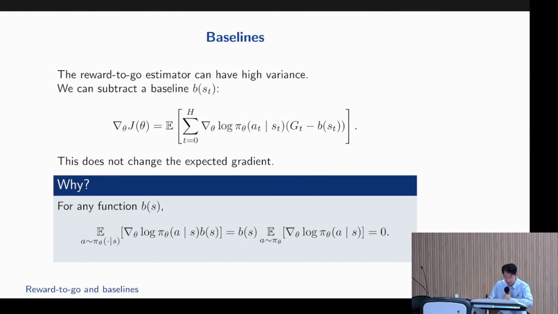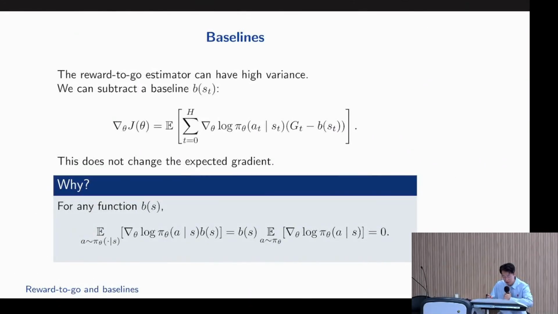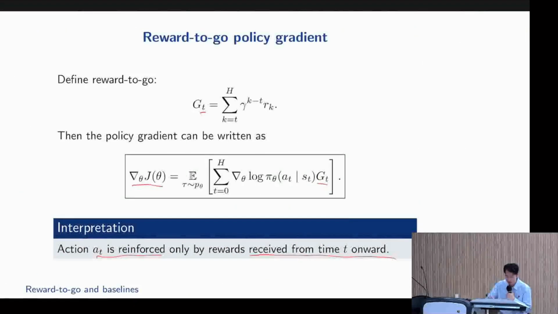And this can still have high variance. Additionally, what you can do is add a baseline. If we subtract a function that's only a function of state, this doesn't change the expected gradient, because for any function b that only depends on state, we can move it outside the expectation by the same logic.